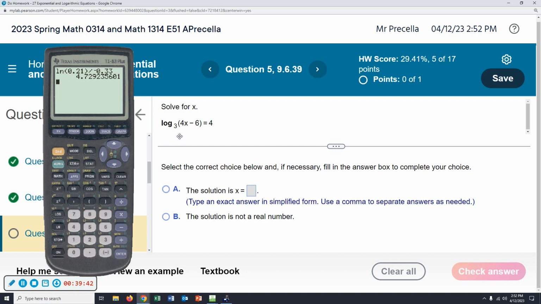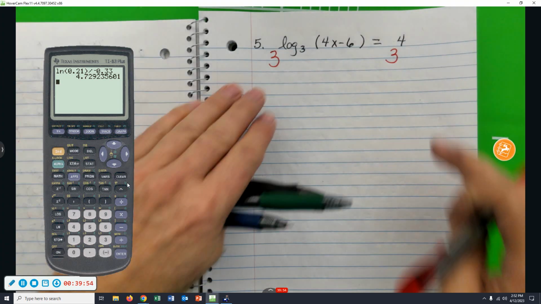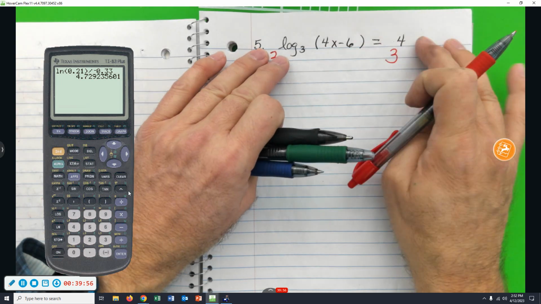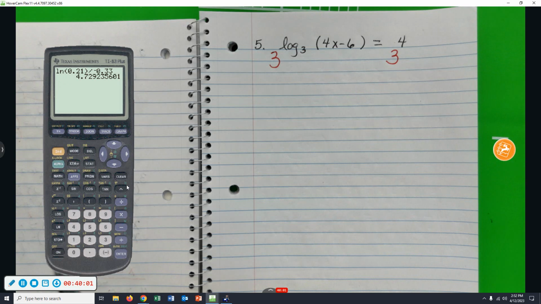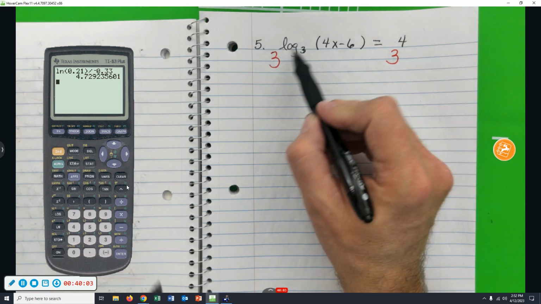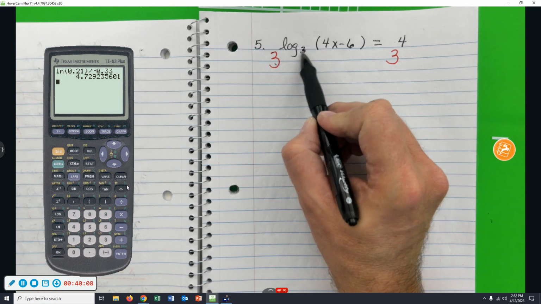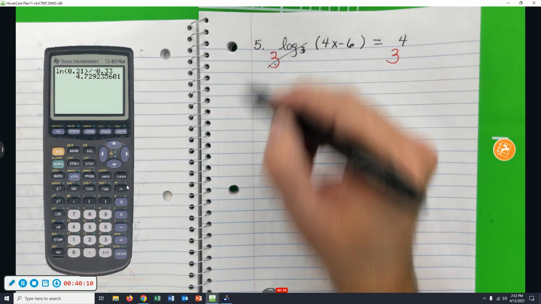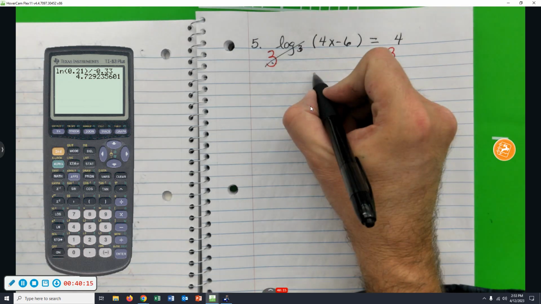Whatever this base is, you put that base on both sides. Everything in the original problem is becoming exponents. All the black stuff is now an exponent, except for the equal sign. Whatever is under the log, that's an exponent now. This is the base. By having the same number here and here, all of that cancels out, leaving just the 4x minus 6.